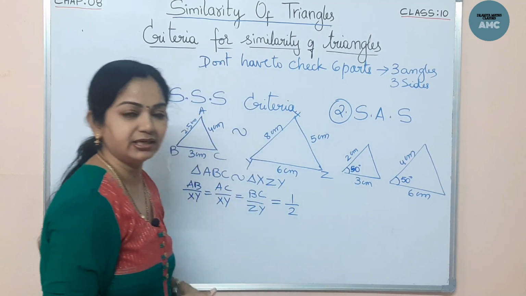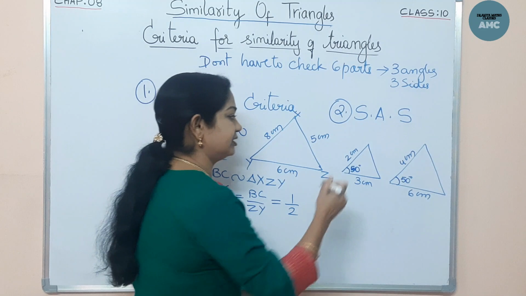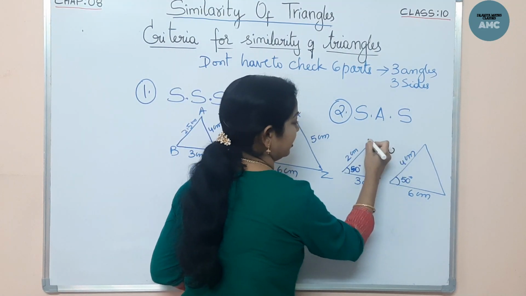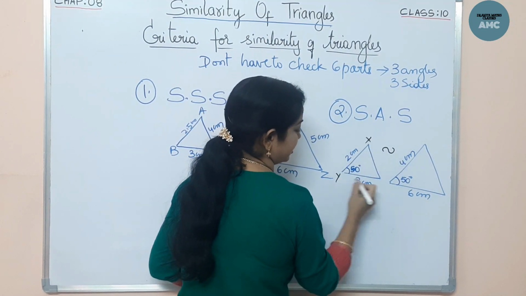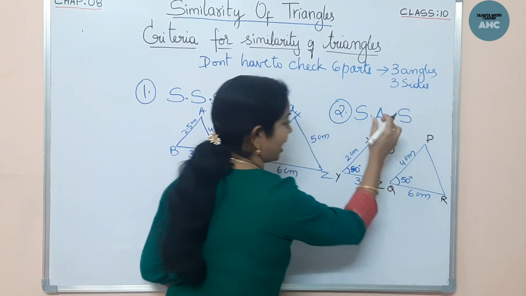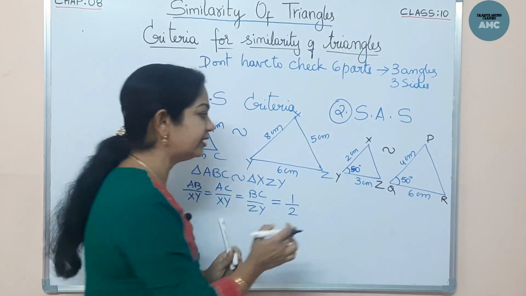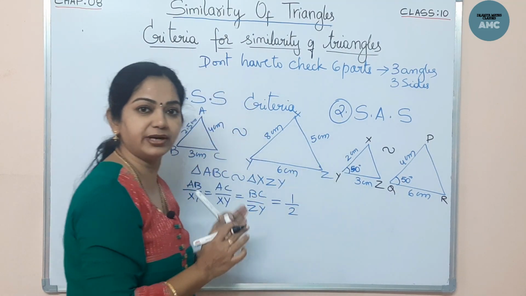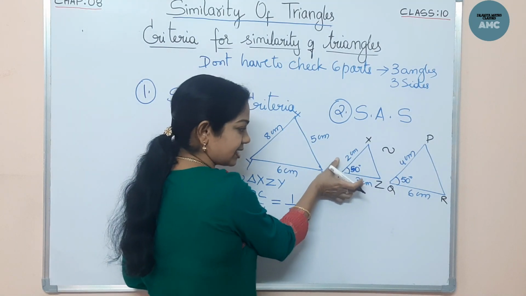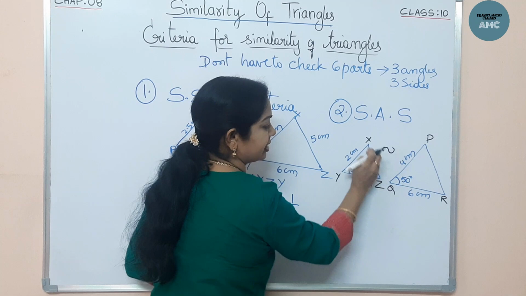Then that means one angle and two sides, if they are equal, then I say that these two triangles are similar. Let me suppose this as X, Y, Z and this as P, Q, R. Now the angle means not any angle. The angle must be included in between the sides. It must be sandwiched between these two sides. Now not considering the other angles.